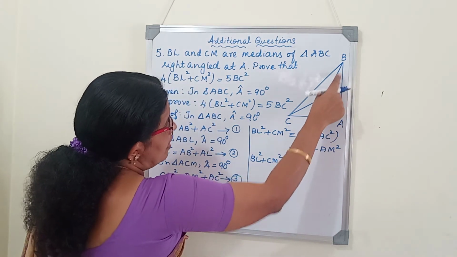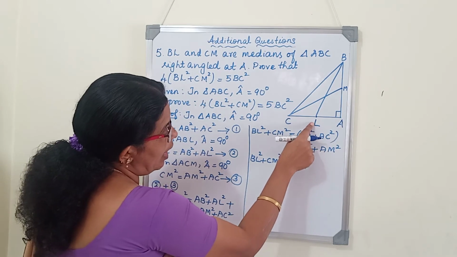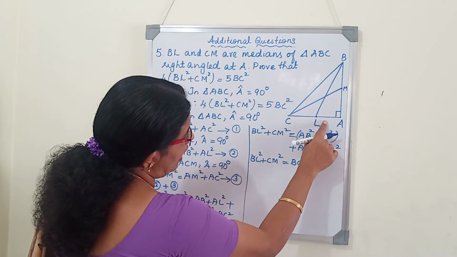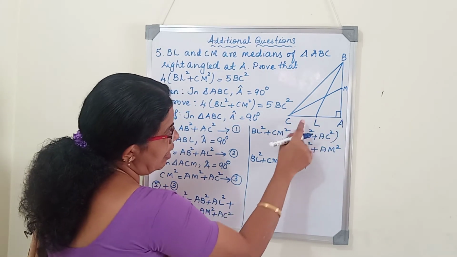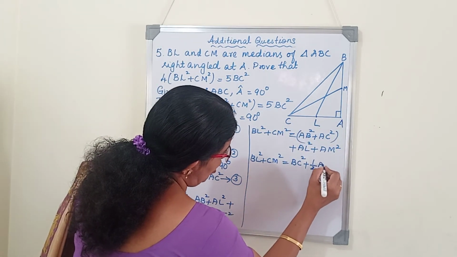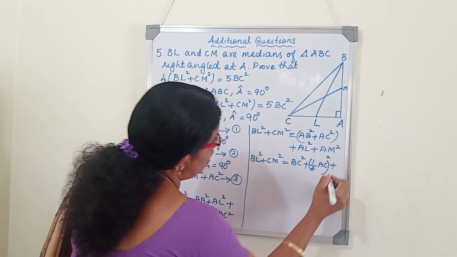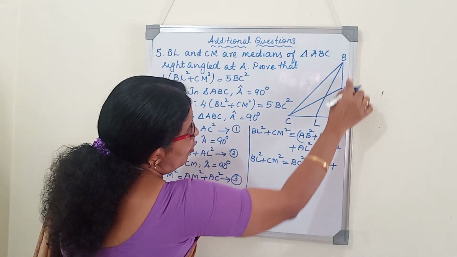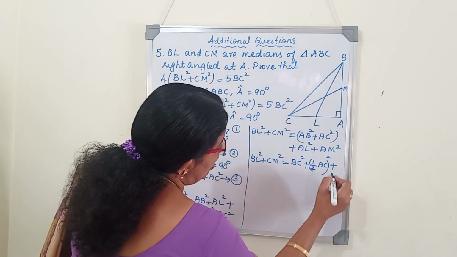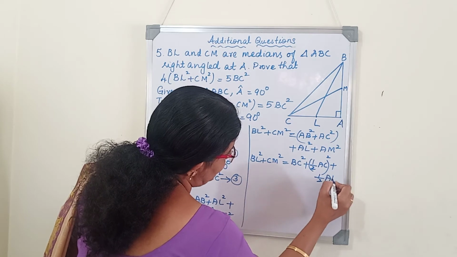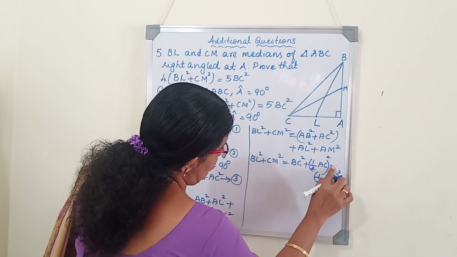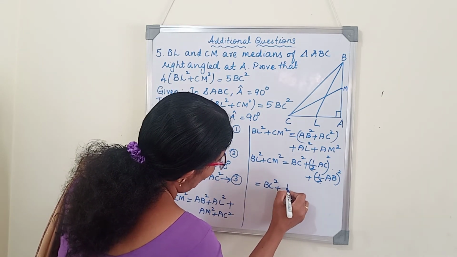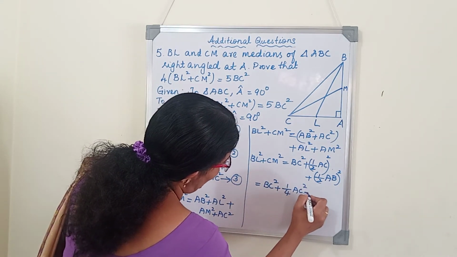Now it is given that BL is the median, so the point L divides the side AC into two equal parts. AL is half of AC, so half AC the whole square. In the same way, CM is the median and M is the midpoint of AB, so AM is half AB the whole square. So we get BC square plus 1 by 4 AC square plus 1 by 4 AB square.